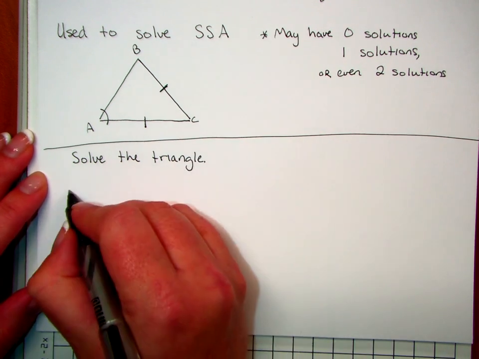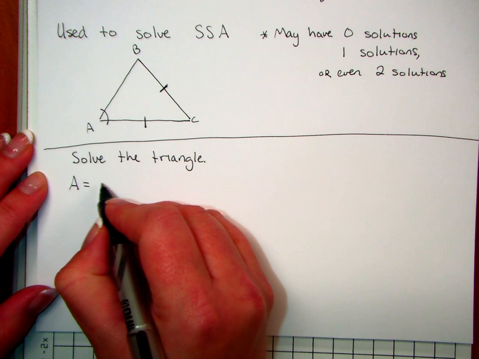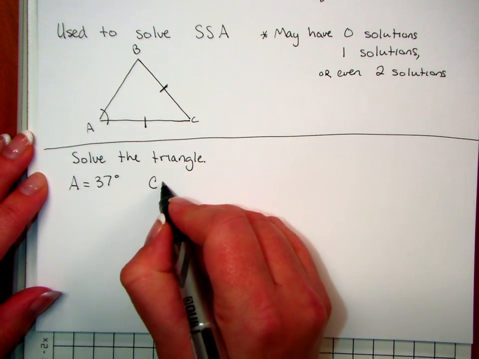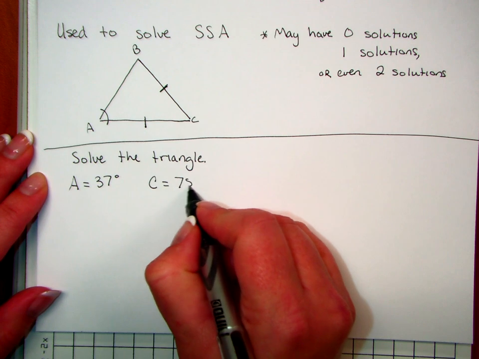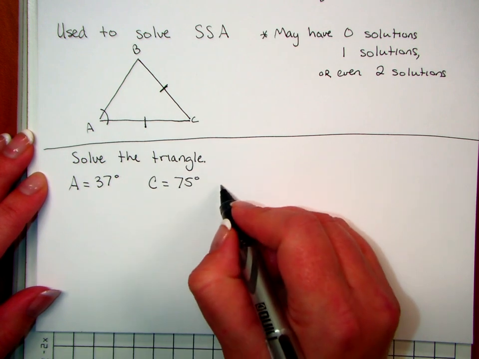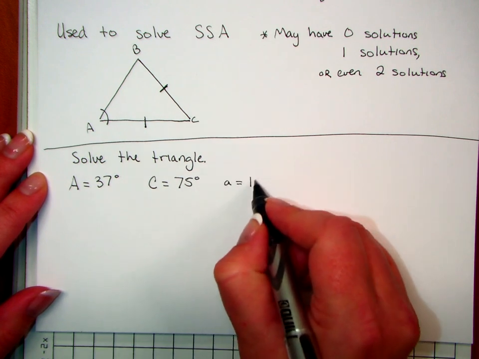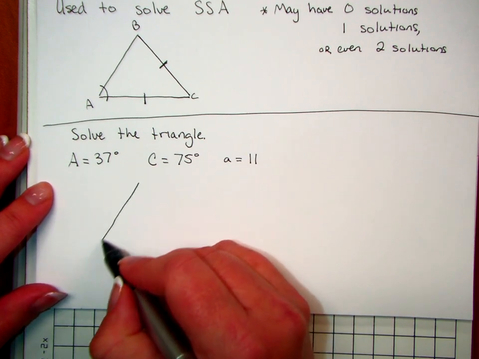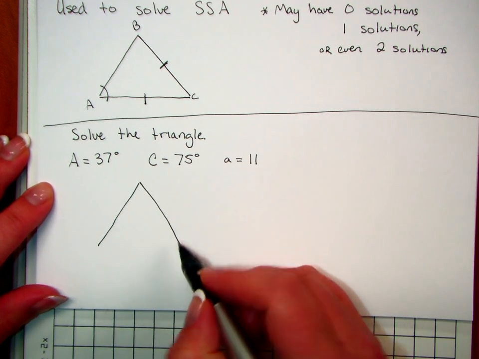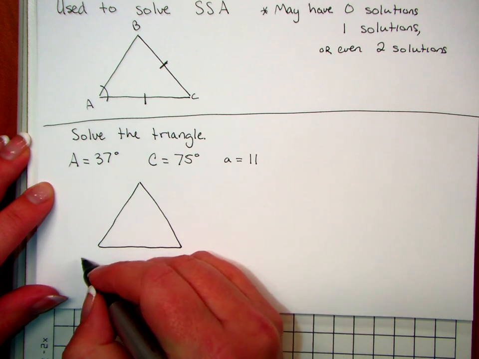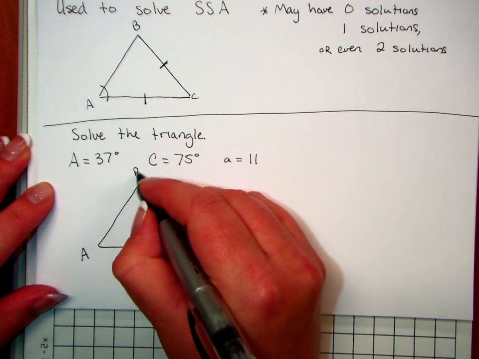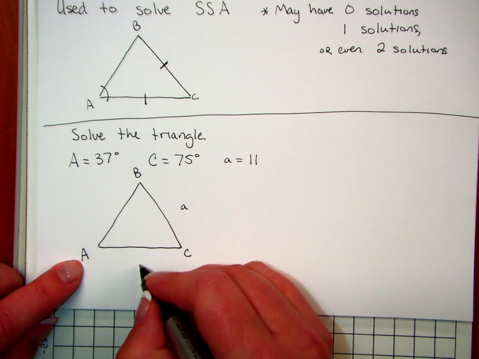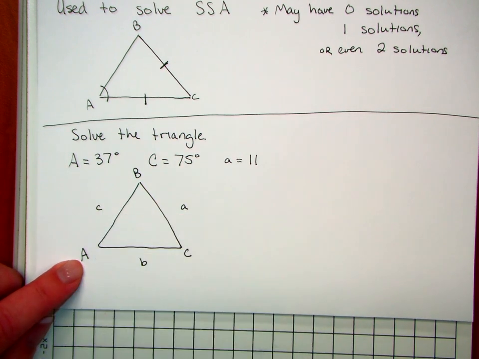The given information is angle A is 37 degrees, angle C is 75 degrees, and little a is 11. Okay, so I'm just going to draw a random triangle here. And I always label A, B, C, and then little a, little b, little c.